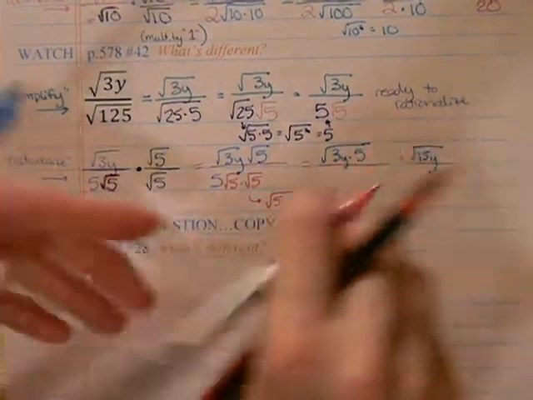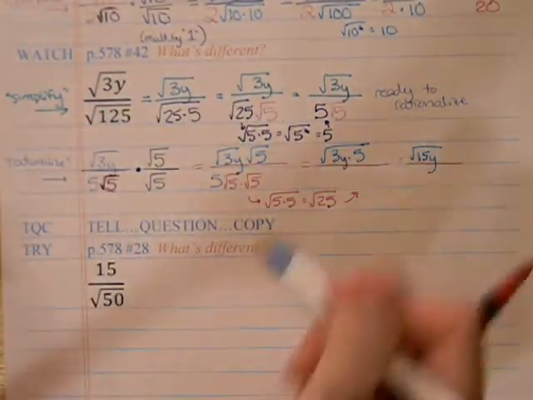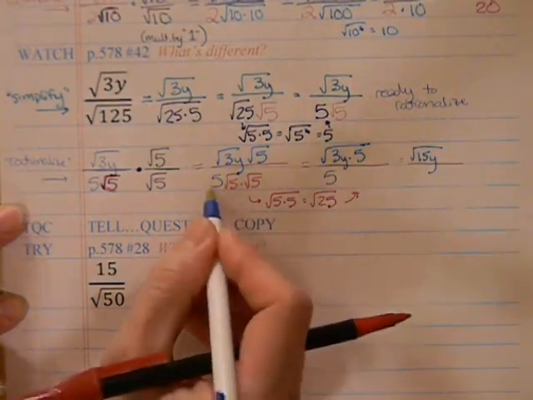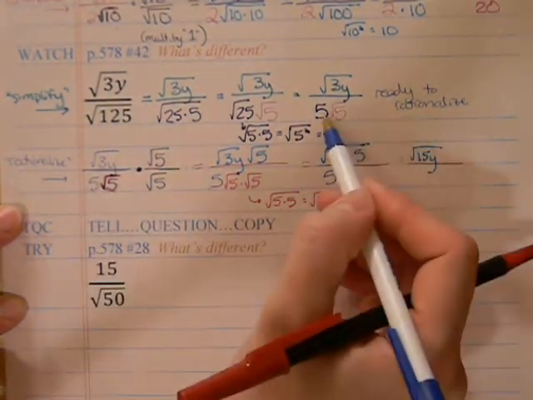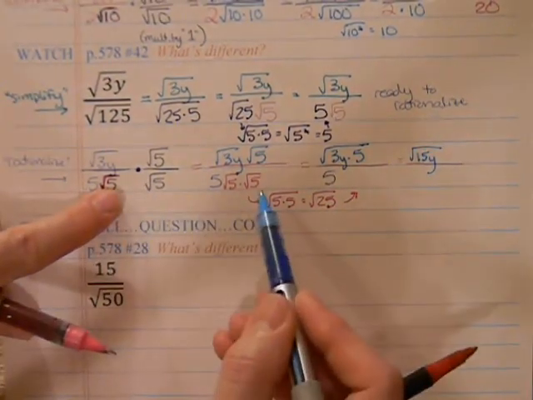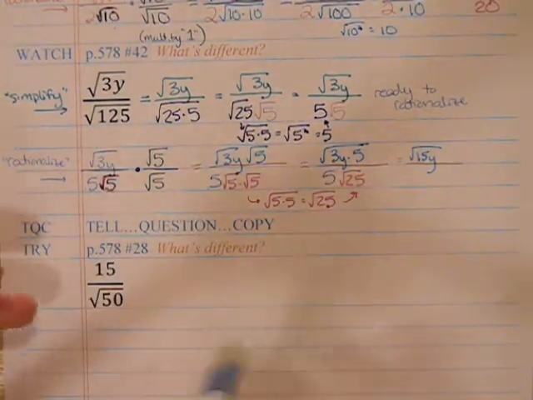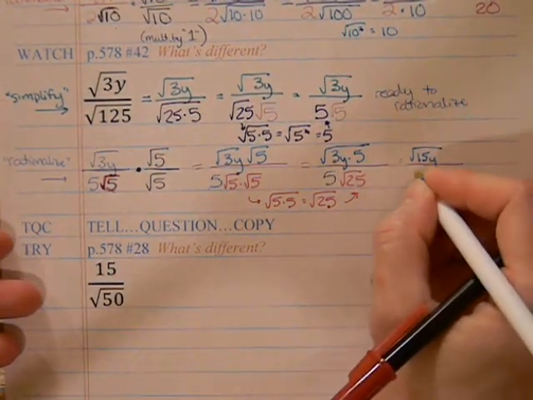So in that second step, we still have our 5 from the beginning. Our radical 5 has been multiplied by another radical 5, which gives us a radical 25. And then we know that answer to be just plain 5.